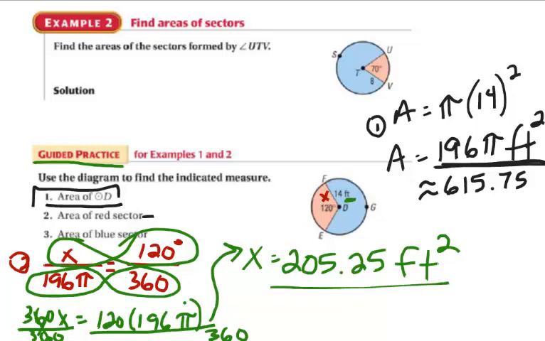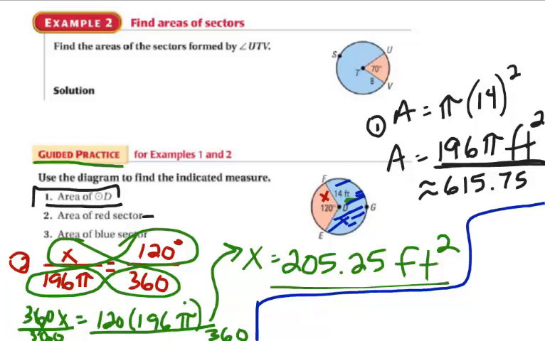Okay? Then we can do the same thing for the blue sector, but if I'm going to do the blue sector, then I'm going to take, okay, if I want the blue sector, and I probably don't have room to do the whole thing, but let's just look at what the degree measure of the blue sector would be. I'm using the same type of formula. The part that I would want is the blue area, so we could give it, say, a y.